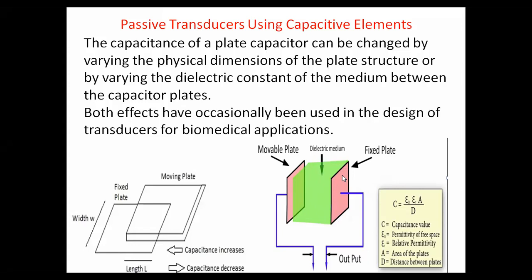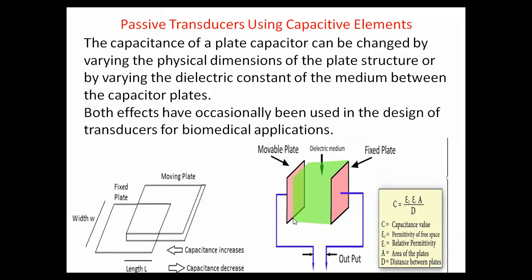Suppose we have to measure small displacements, and those displacement values are converted into a corresponding electrical signal by using the capacitor transducers. In the given figure, one is a fixed plate and another is a movable plate. The displacement to be measured is connected to this movable plate.